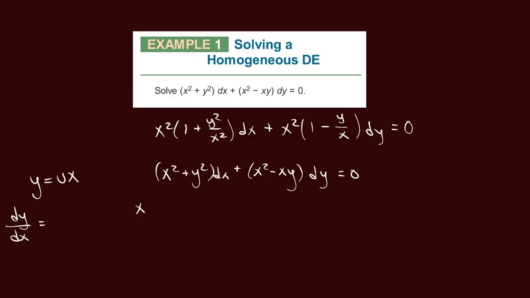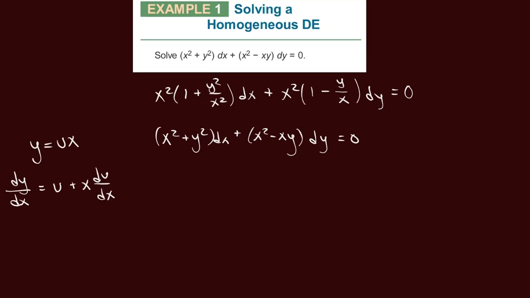So this will be equal to u plus x du over dx. And then isolate for dy. There you go. So now let's plug everything in.